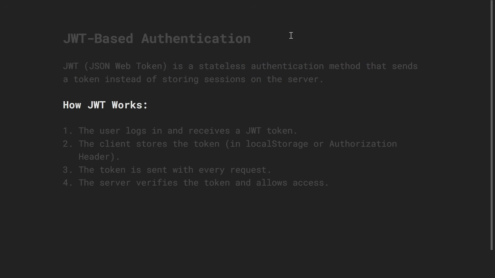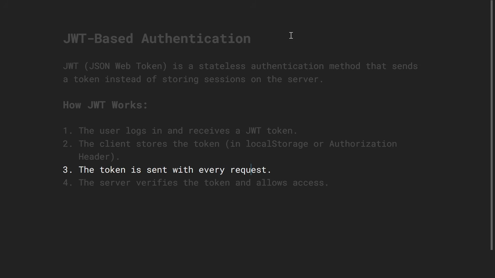So first we will see how JWT works. First the user will log in and they will receive a JWT token, and then the client will store the token. We can store it in local storage or cookies, or we can store it in the authorization header.